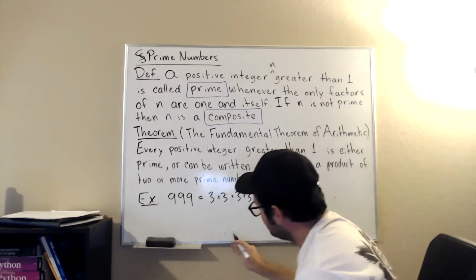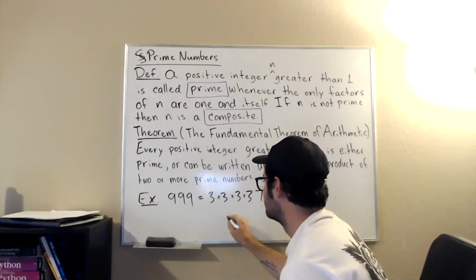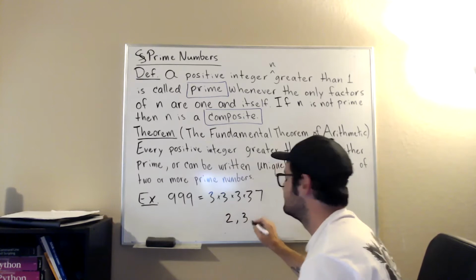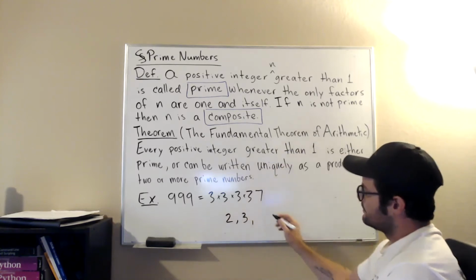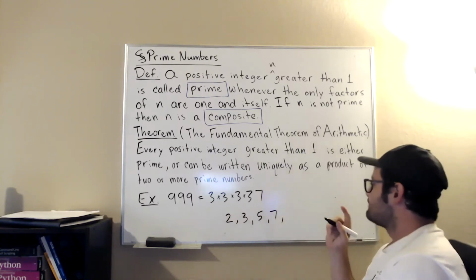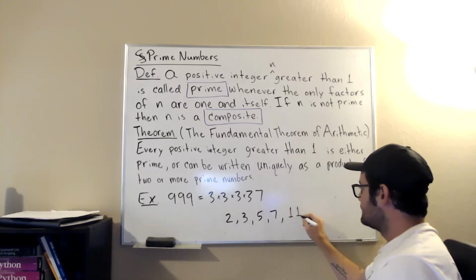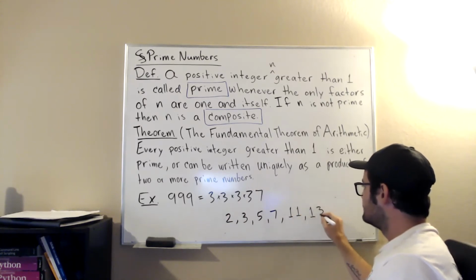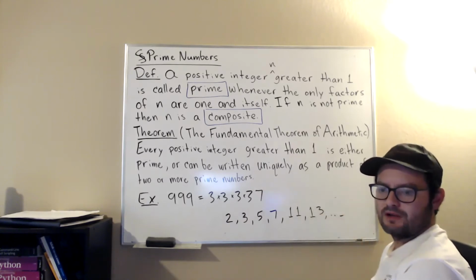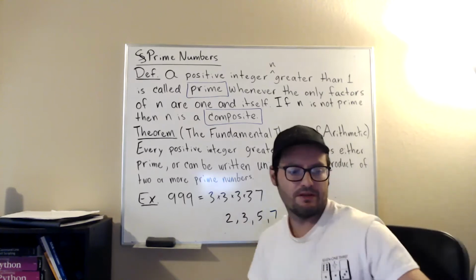If we started to list off all the primes, the first prime would be 2, the second prime is 3, the third prime is 5, and then 7, and then 11, and then 13. How many primes are there? Is there any kind of pattern to them?